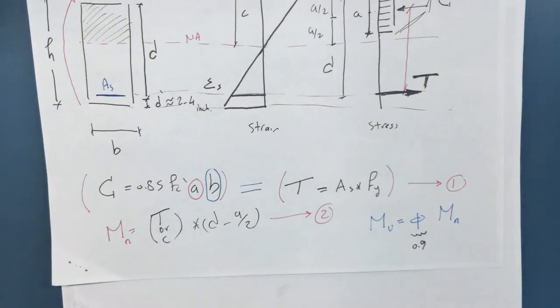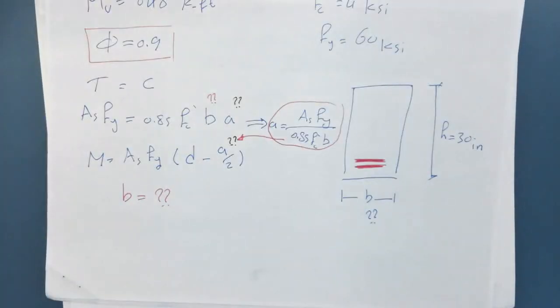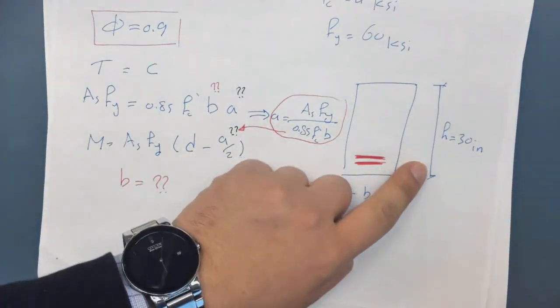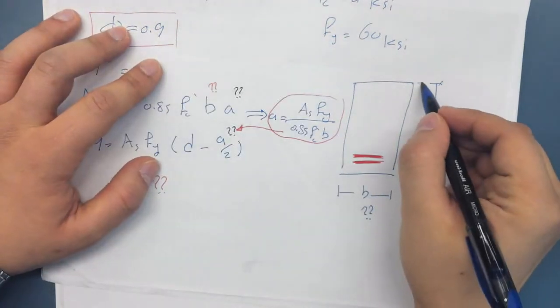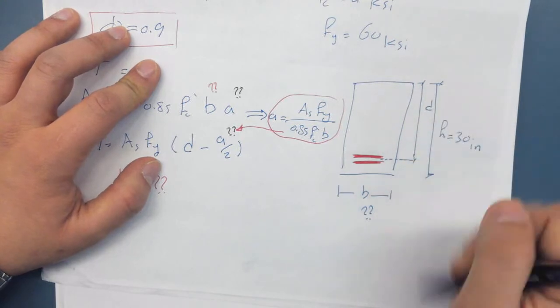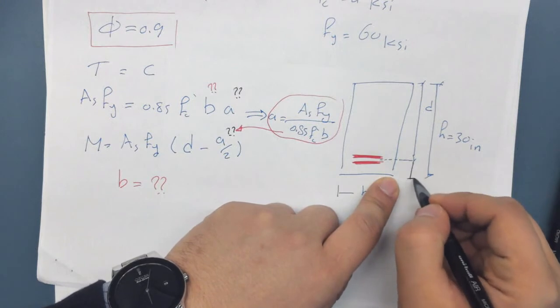Something that I do not specifically like about this problem, although it's 100% true, and I would use it if I'm designing in an actual case, is you are given the shear reinforcement here, and you are trying to find the depth from the top fibers to the middle point between the reinforcement that we defined as D. And the problem jumps through a lot of hoops to estimate what is this distance over here.